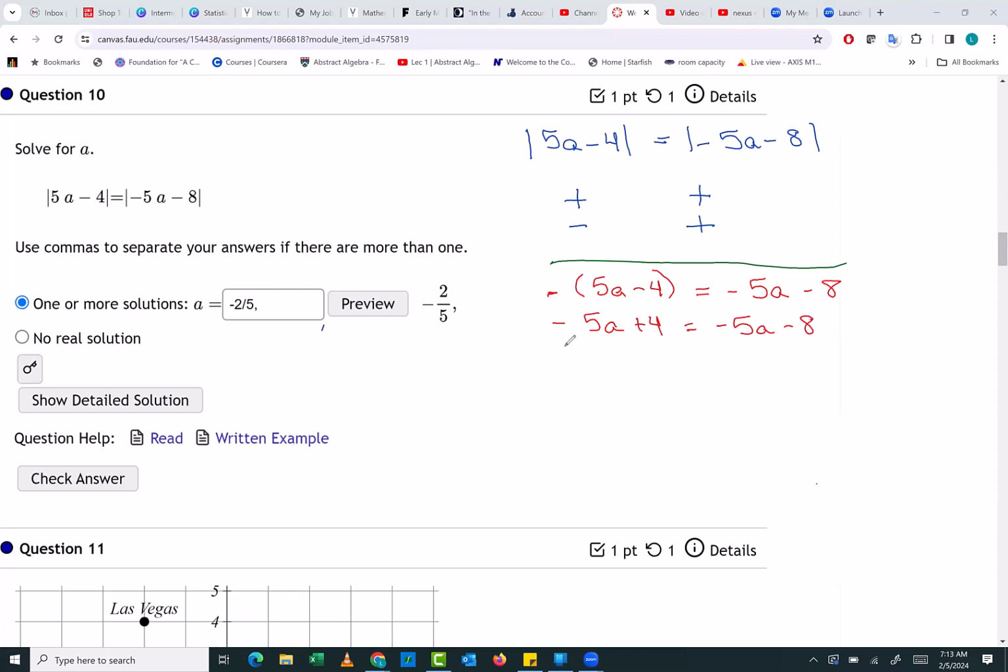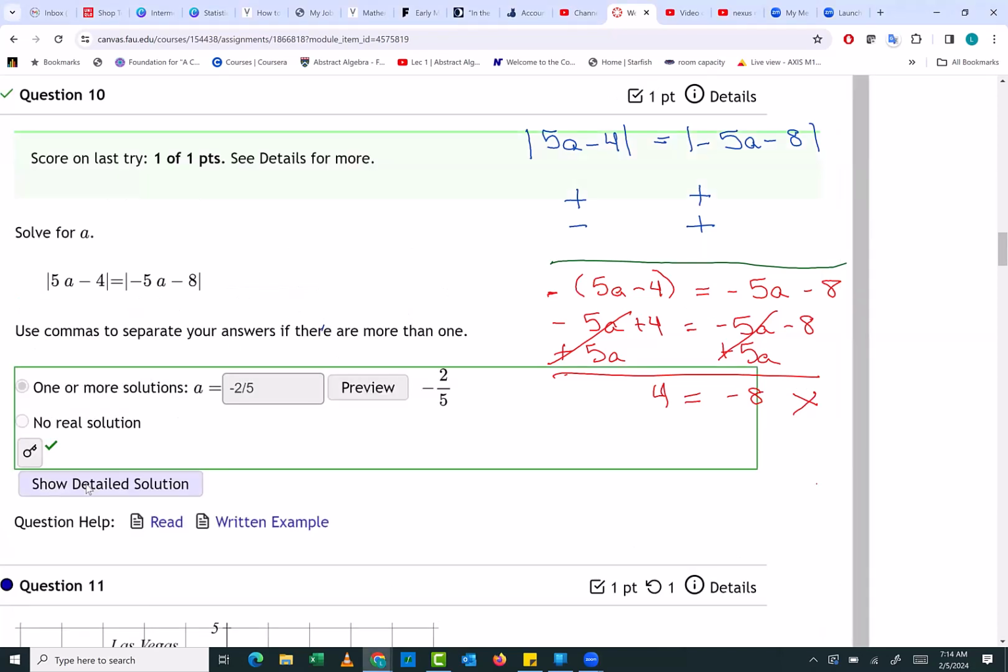I can add 5 to both sides. This cancels, I end up with 4. This cancels, I end up with -8. 4 never equals -8. There's no other solution. Therefore, I actually only have one solution.